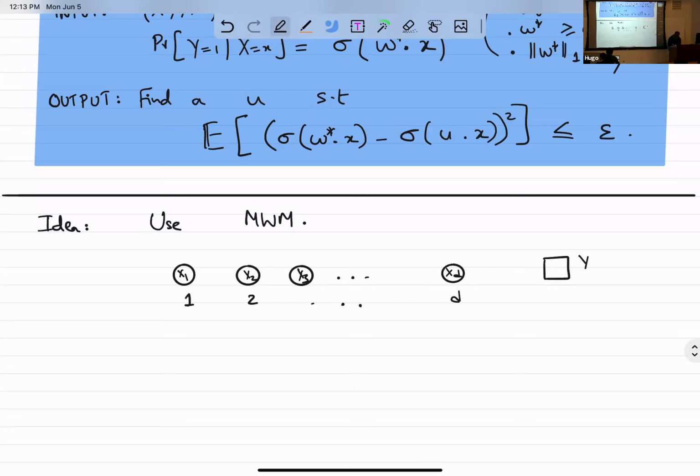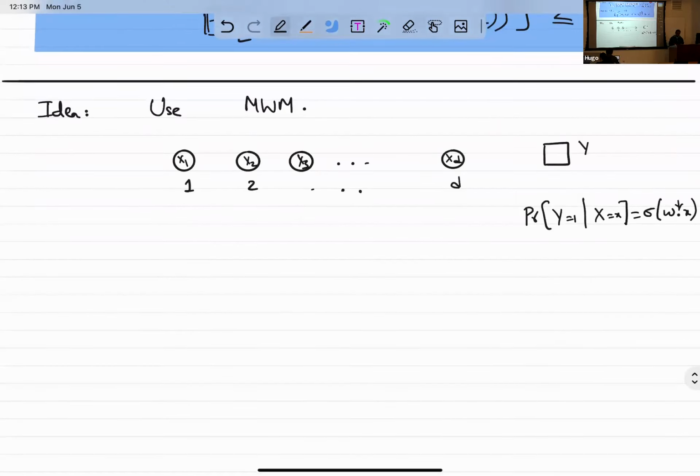And what we know is that, let's first understand what the qualitative direction should be. Like if W star is something and X1 is positive, what does it say about Y? Is it pushing it towards being 1 or is it pushing it towards being minus? Just some qualitative things to figure out.